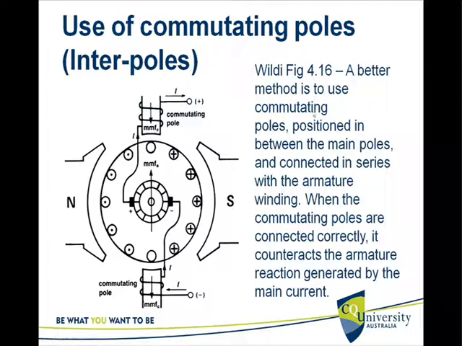A better method is to use commutating poles positioned in between main poles and connected in series with armature winding. When the commutating poles are connected correctly, they counteract the armature reaction generated by the main current. So that's the purpose of the commutating poles, or they are also called interpoles.